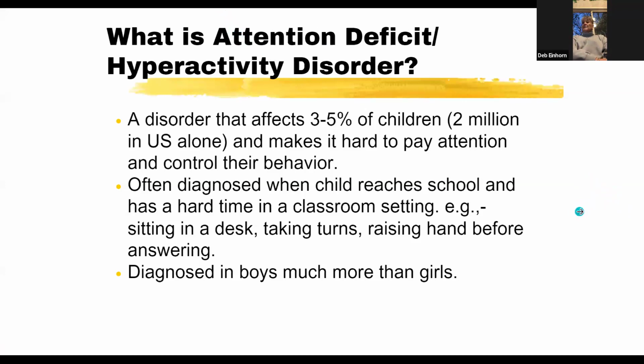So once they get to school, though, they're in a more confining situation where they're expected to sit at a desk in a chair, or sit in a circle, cross-legged, and pay attention to the teacher and raise their hand and wait to speak and those kinds of things, that's when those characteristics might start showing up. It's diagnosed much more often in boys than in girls.